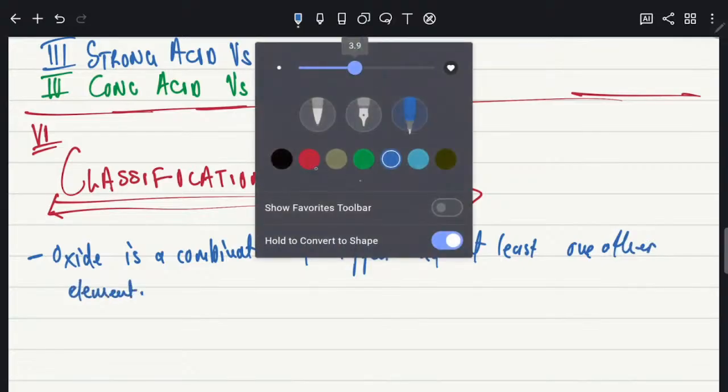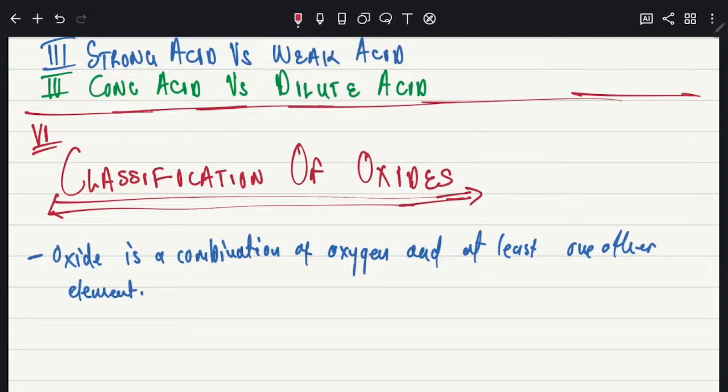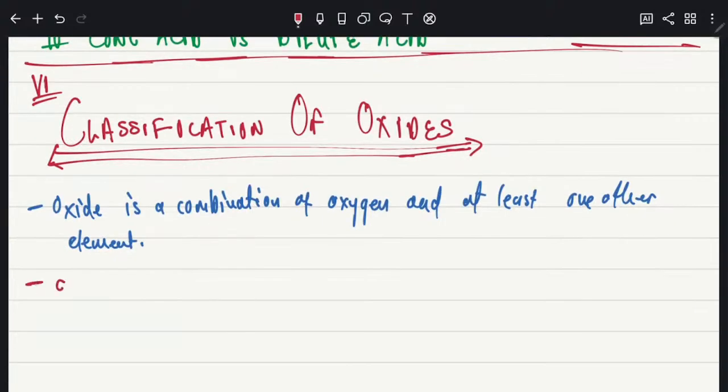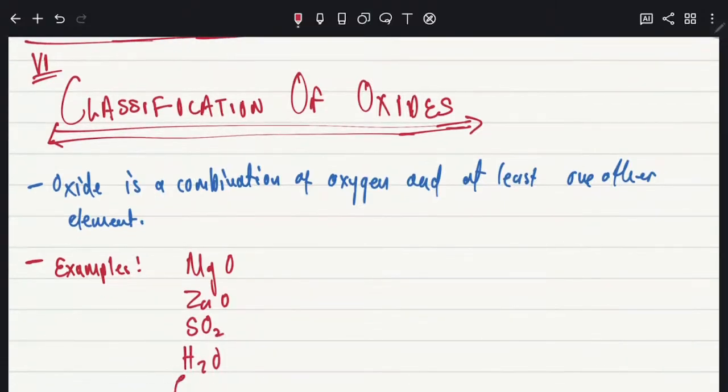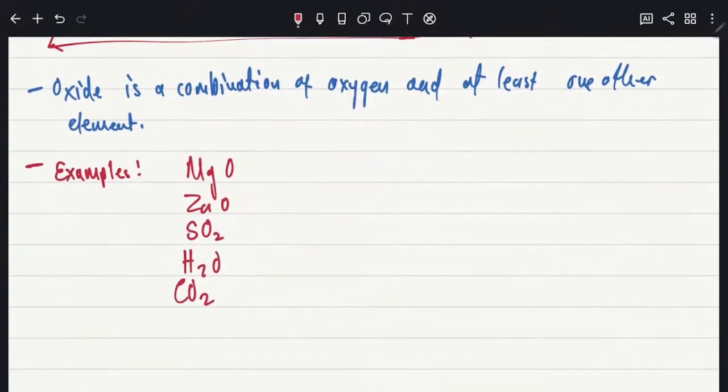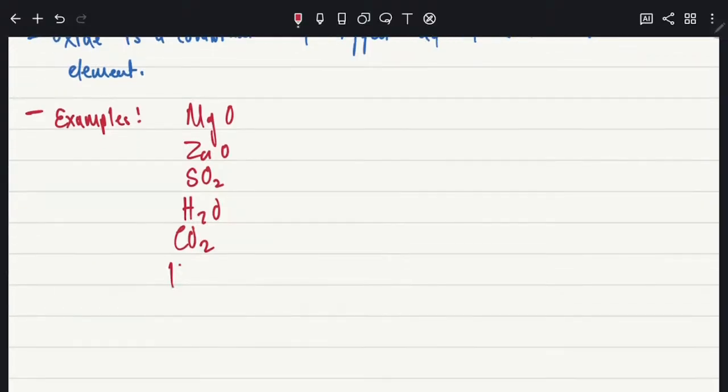This gives you an oxide. Examples of an oxide will be MgO, magnesium oxide, zinc oxide, sulfur dioxide, water is an oxide, carbon dioxide. All these are oxides because oxygen is combining with something.